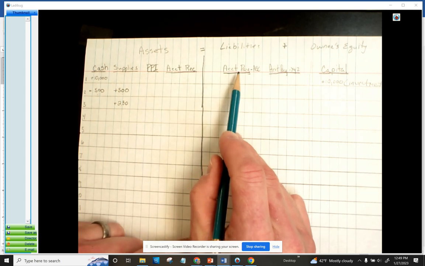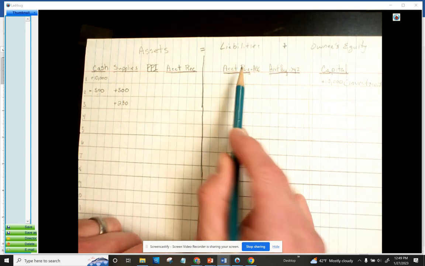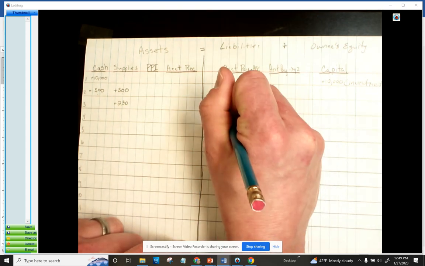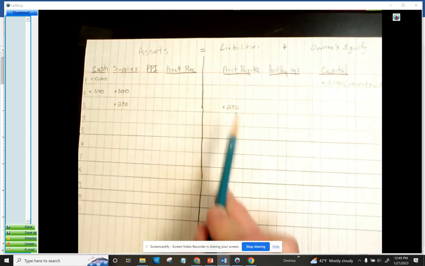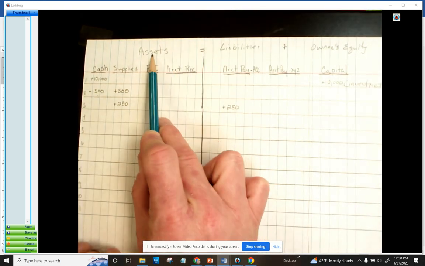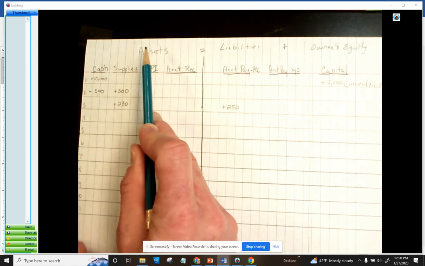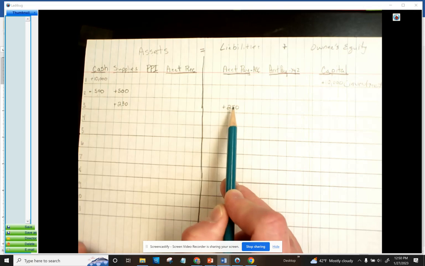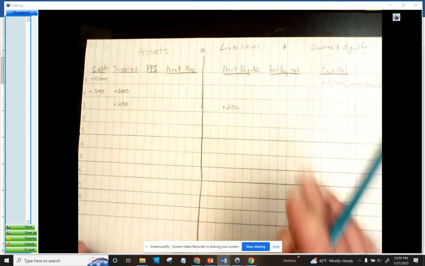And let's just say that it's this accounts payable ABC business that is the company we get our supplies from. So a plus 250 under liabilities to record that we owe them 250. Notice we're on the opposite sides of the equal sign, so these headers, these classifications have to move together. So this 250 makes supplies go up, makes assets go up. This 250 makes accounts payable go up, which makes liabilities go up.